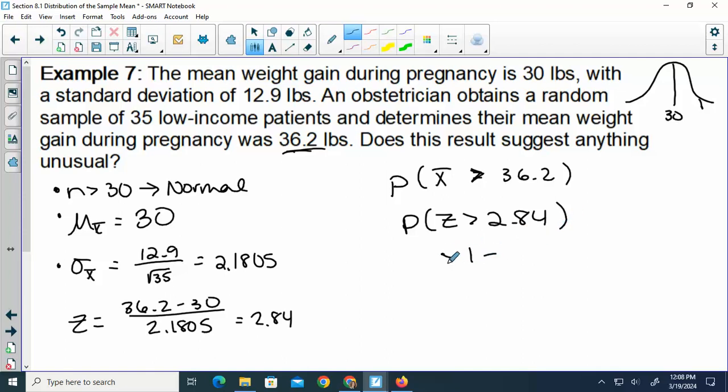So greater than, we have to do 1 minus. That is 0.9977. You get 0.0023. So, is this unusual? Yes.